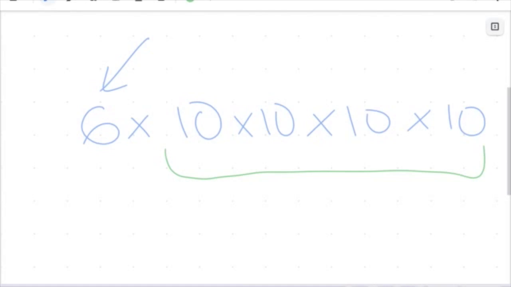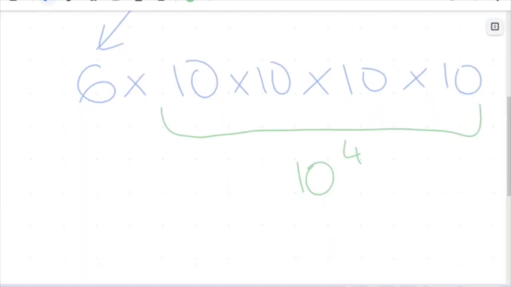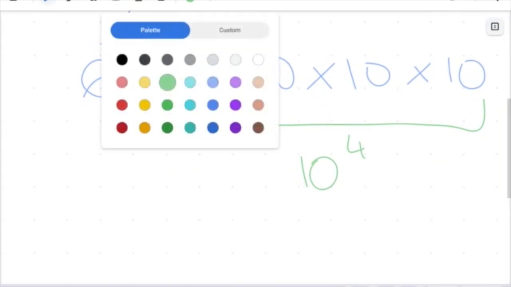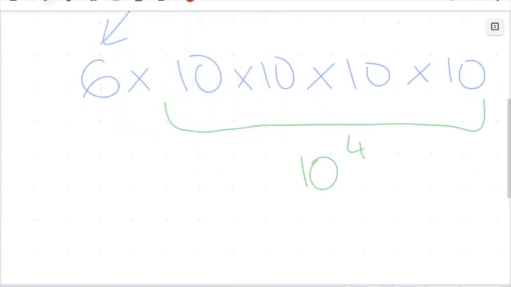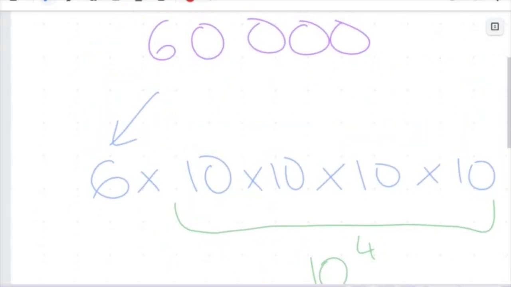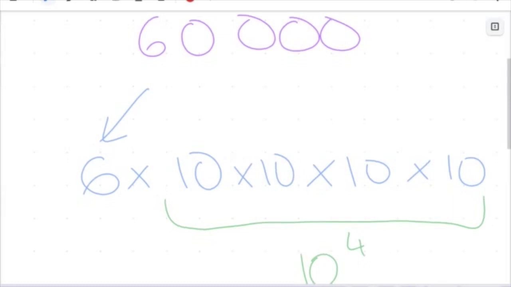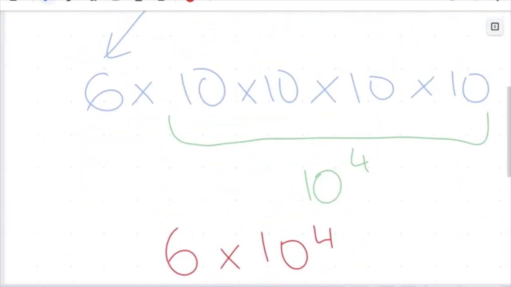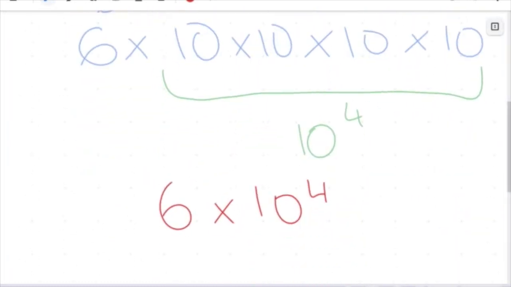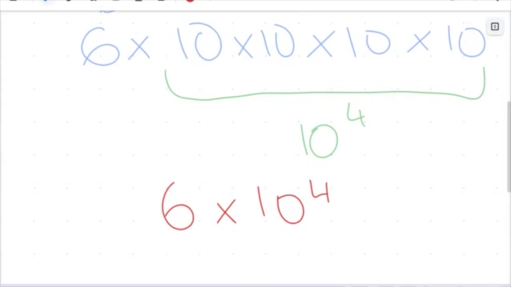Because 10 times 10 times 10 times 10 is like writing 10 to the power of 4. So in essence, I can write 60,000 as 6 times 10 to the power of 4. And when we get even bigger numbers, this is going to be really useful, because anytime we have all these zeros attached, we can just think of this as times 10 to some power, however many tens there were multiplying by each other.